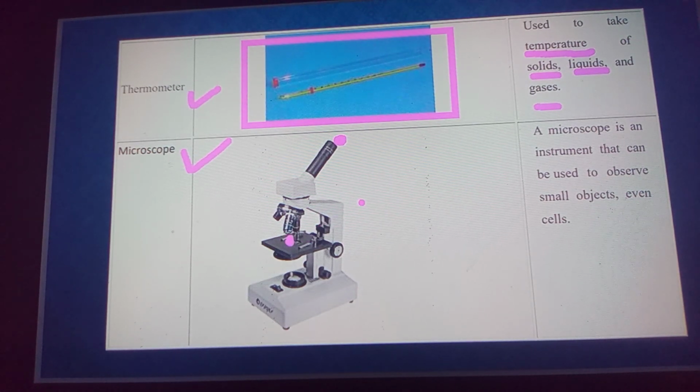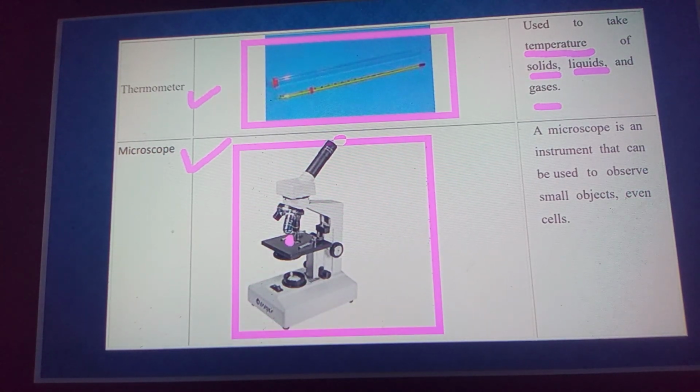So it is a compound microscope. I think you are observing well the image of this microscope. Now, what is the importance of this microscope?